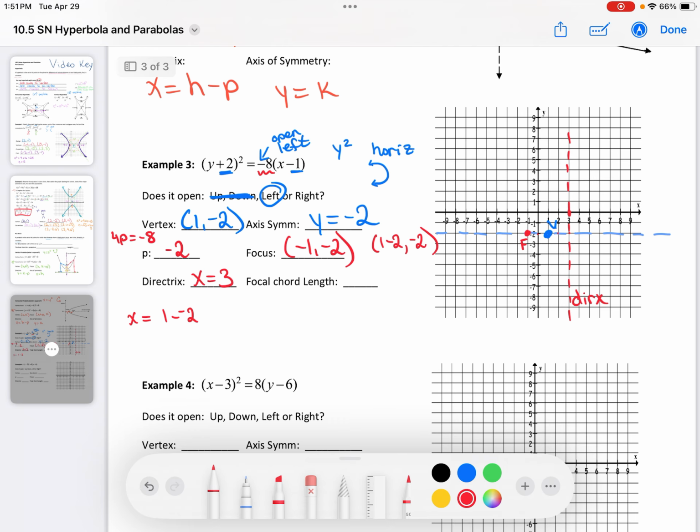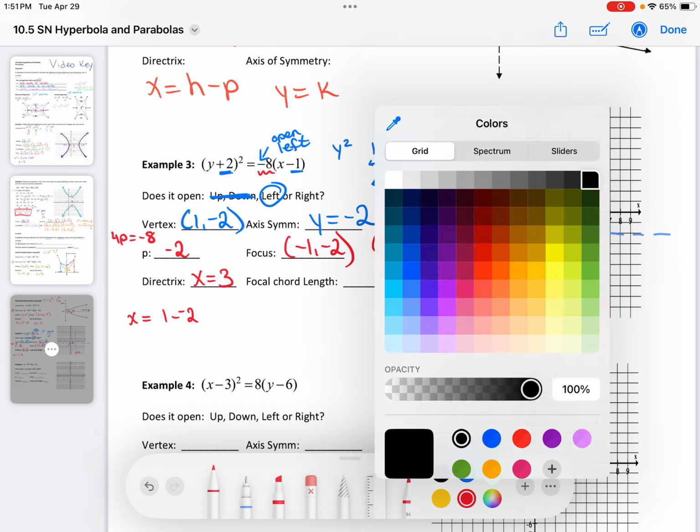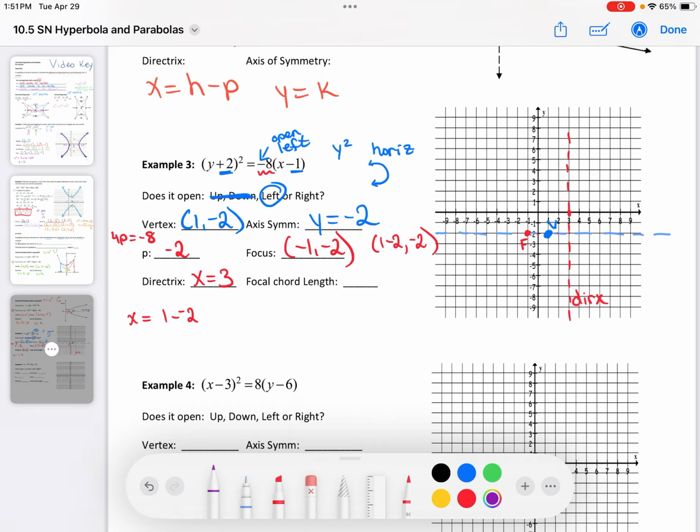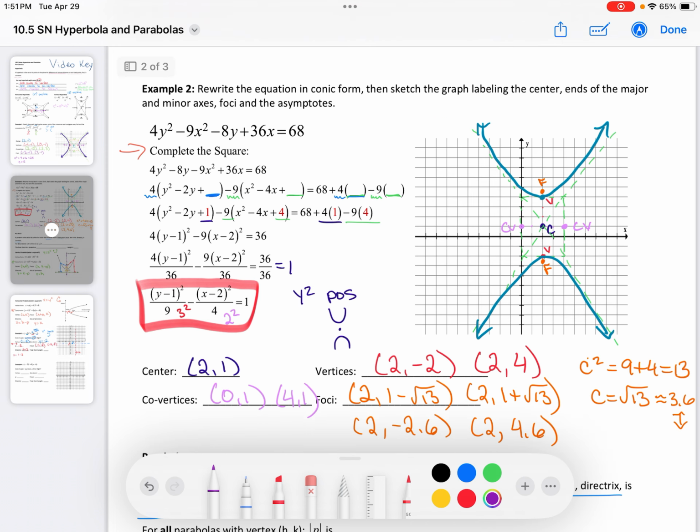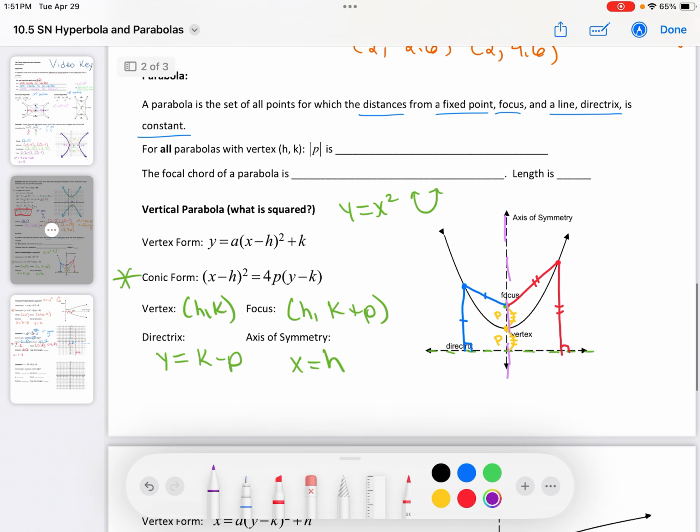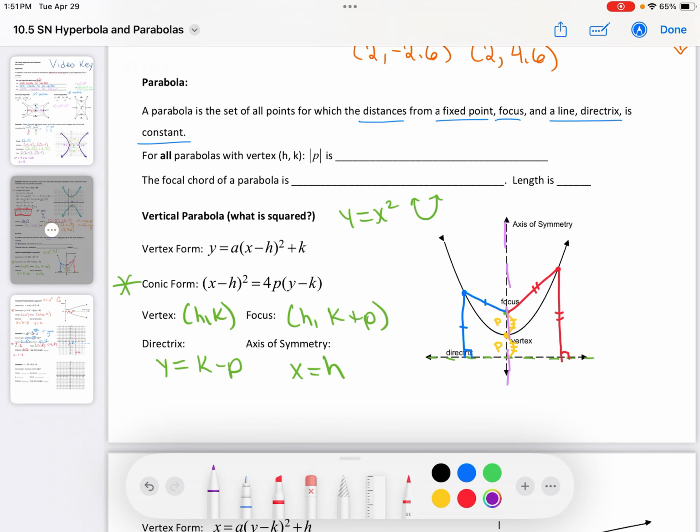Now, there's one other piece that we can put on here, and that is focal chord length. And there probably should have been a spot to put this in all of those definitions. And there is. We're going to go back a page just real quick. There we go.